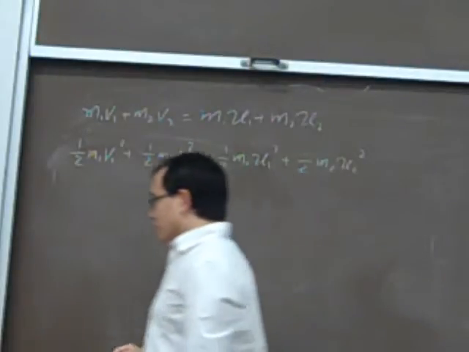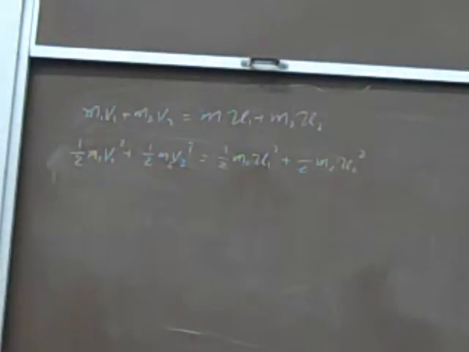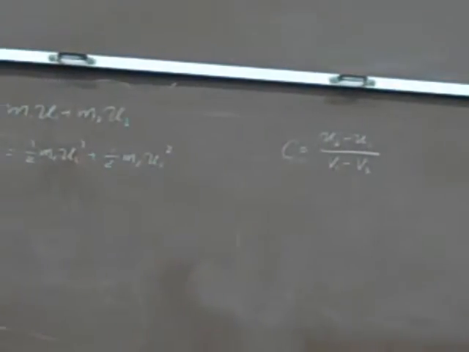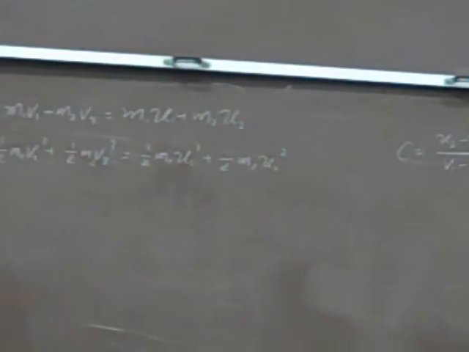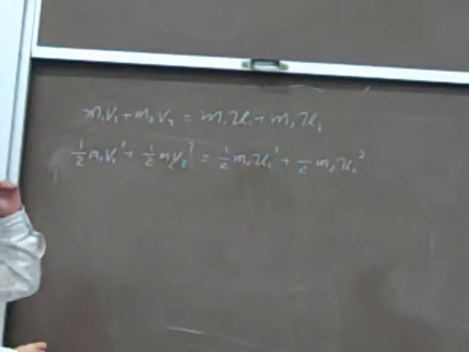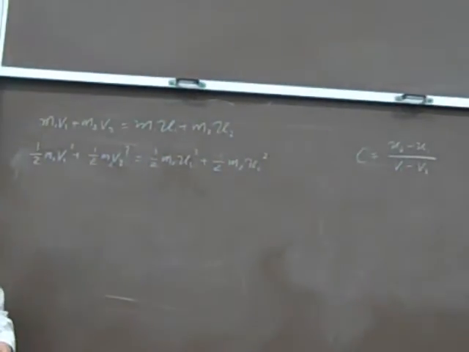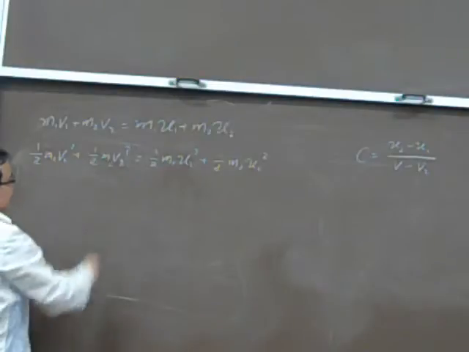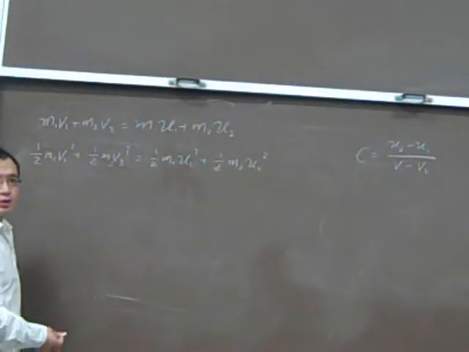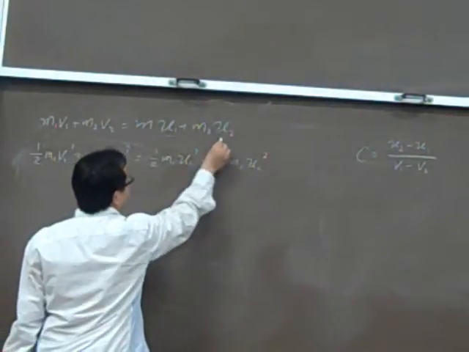Basically, this is just standard algebra. You have two equations, and you want to solve them to get expressions for U2 and U1. The basic idea is that here, again, you don't have any numbers. The only unknown quantities are U1 and U2.